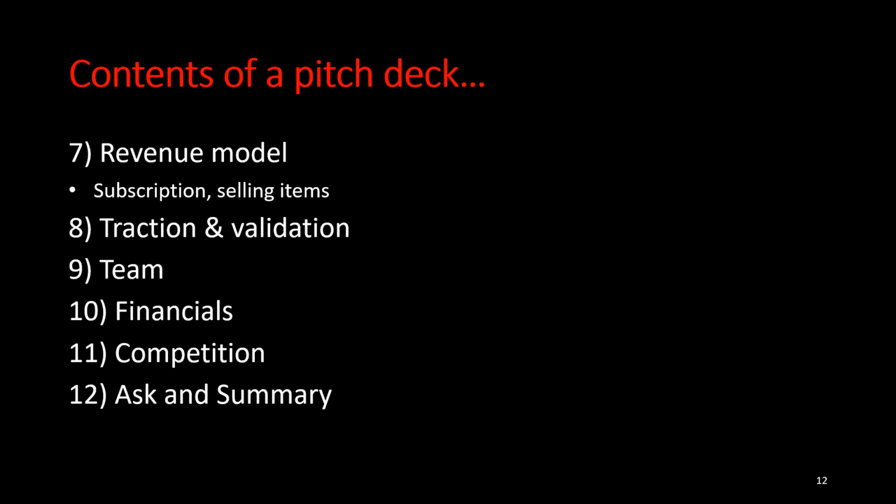But at the end of the day, what do you want us to do? Why are you telling us all this? So this could be your ask. In case of investors, it could be asking for funding in order to do what and what. But for customers, if you're pitching to customers, it would be buy. So at the end of the day, you tell the summary and you welcome us to buy that particular product or service. And that is how you will be closing your pitch.